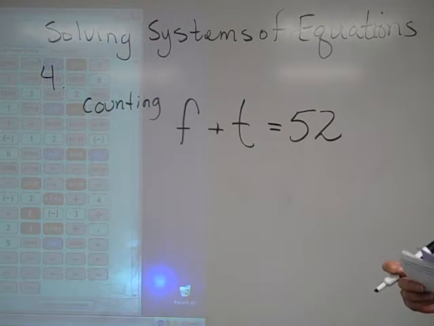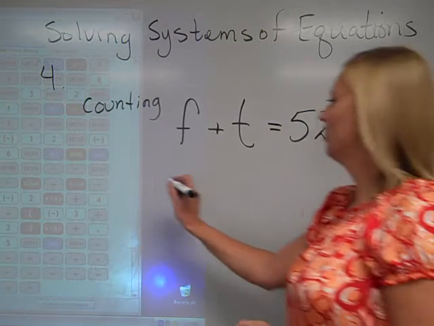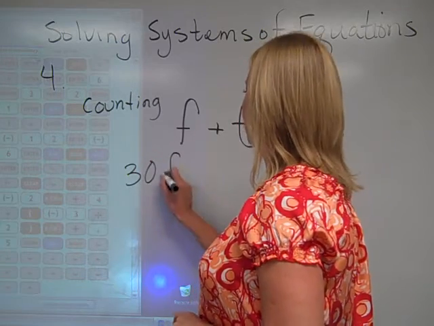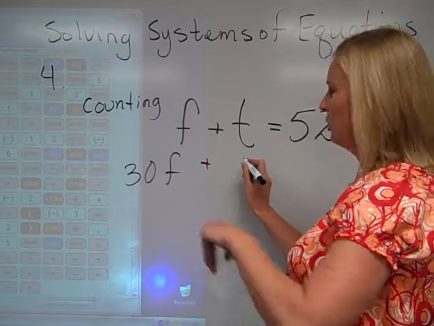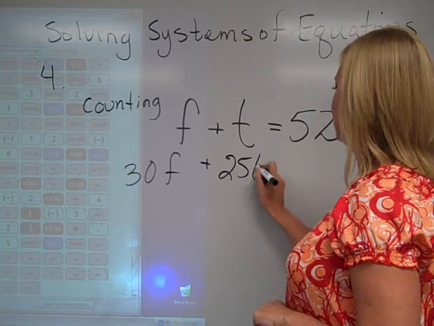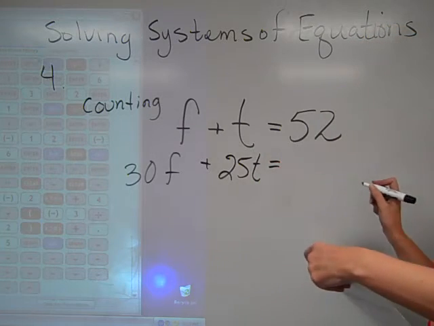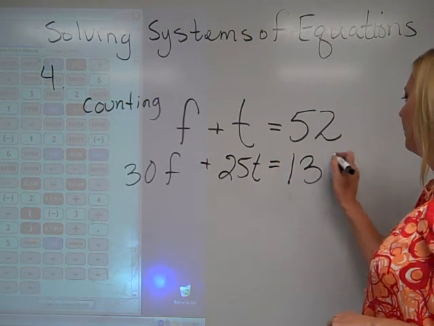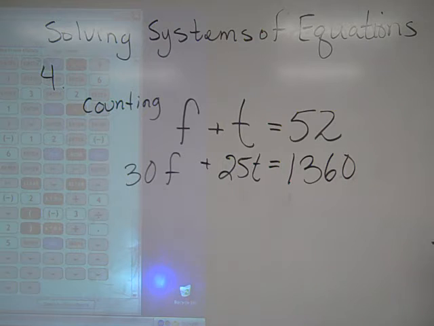Now let's talk about the money. We make $30 for a first class passenger, and we make $25 for a tourist class, and all together the money we make is $1,360.